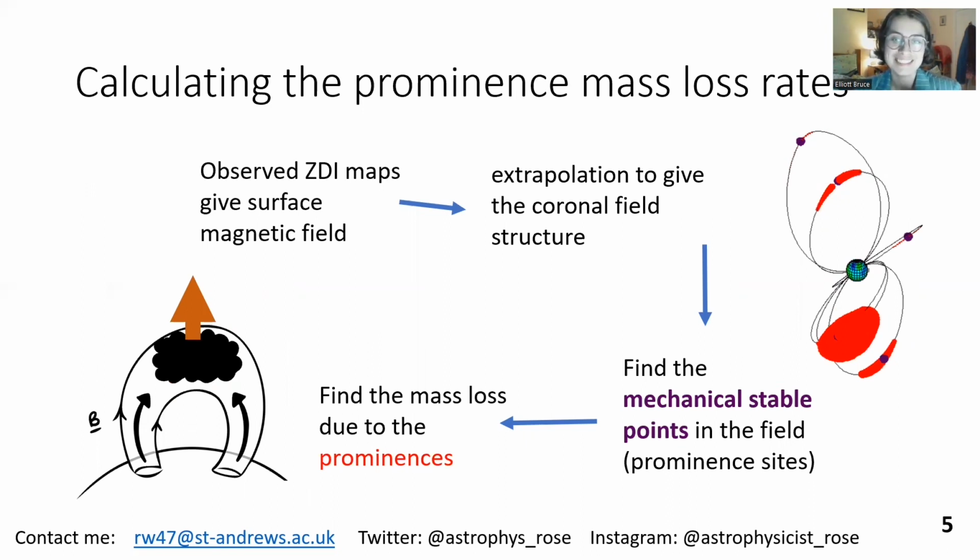So I started with the observed Zeeman Doppler imaging maps, which give the surface magnetic field, and then the coronal field structure is generated by assuming a potential field. The locations of the prominences are found by finding the mechanically stable points in this field structure. In the image I've shown on screen, that's the purple points. And then the mass loss rates from these prominences can be found by assuming that material is supplied to the stable point by a thermal wind.